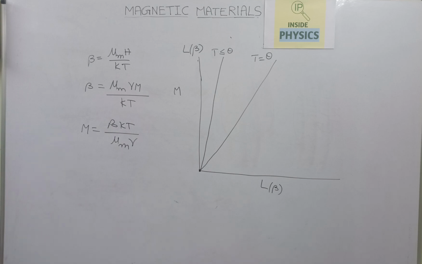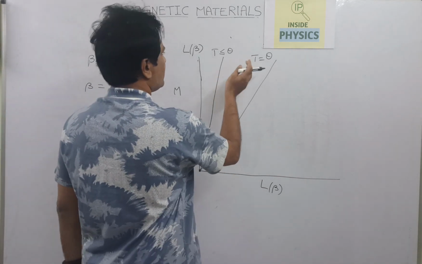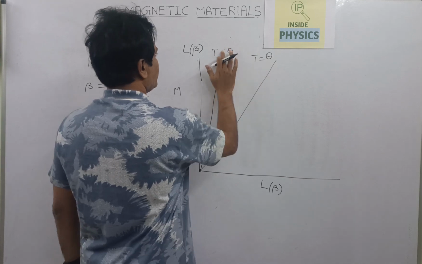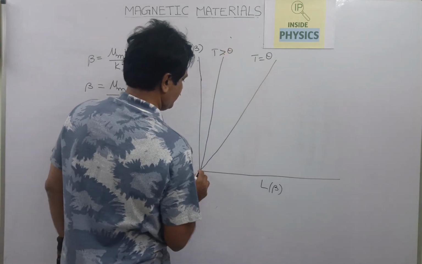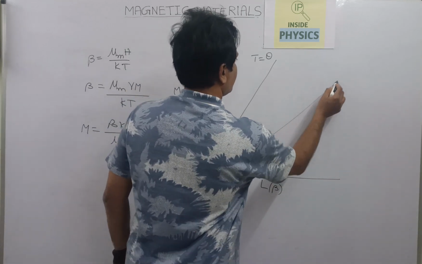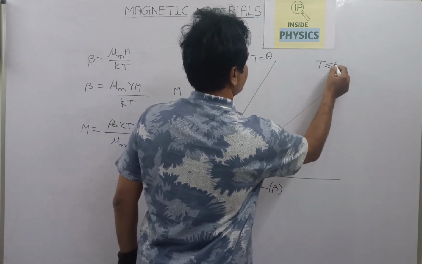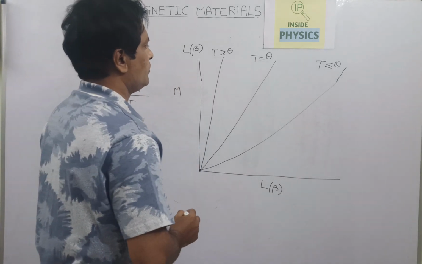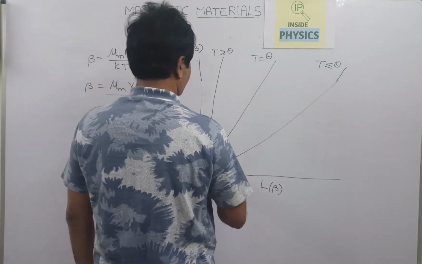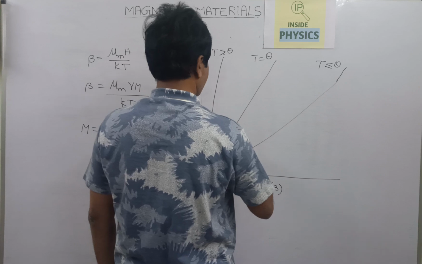When T is greater than theta, the magnetization will be slow, and we can draw a curve like this.